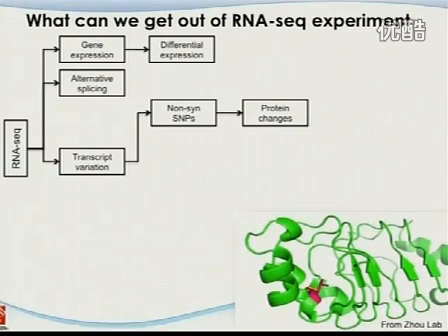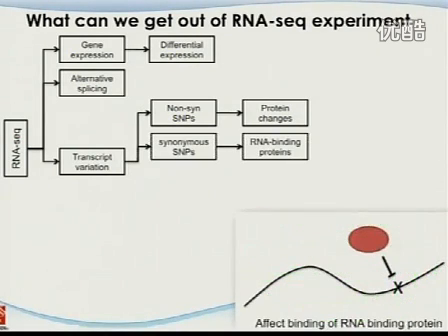So our goal is never just to identify the variation. We want to make sense of it, okay? One thing that we can do is look at the variation: if it is a non-synonymous SNP, we can further look for whether it will change any structures of the proteins.